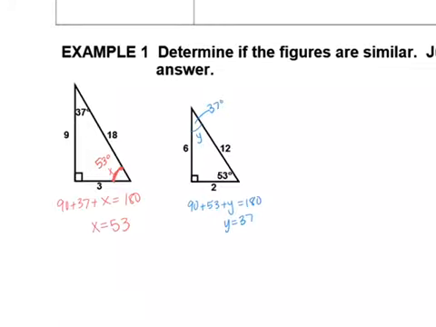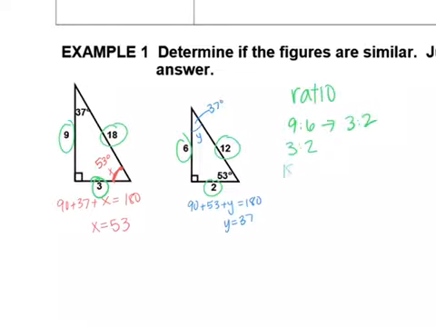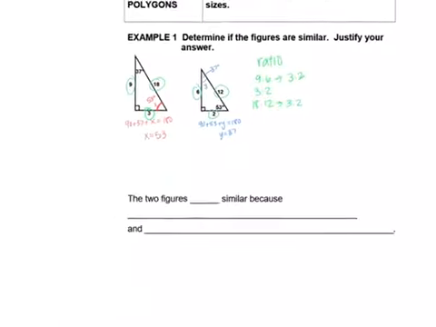Also, if we look at our ratio, from this side to this side, 9 to 6 has a ratio of 3 to 2. Bottom 3 to 2 is obviously that same ratio, and then 18 to 12 is the same ratio of 3 to 2.